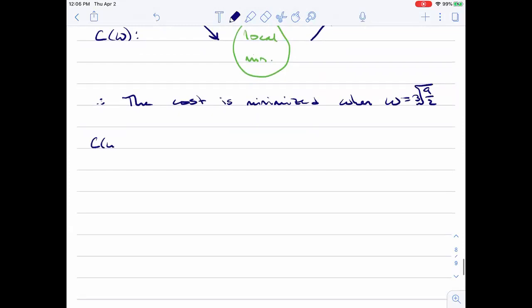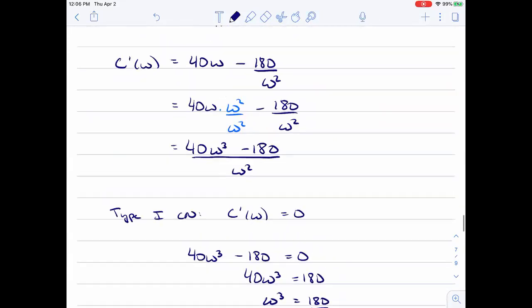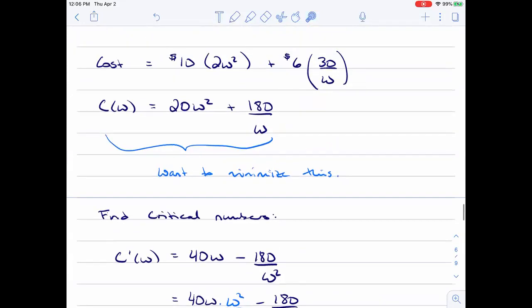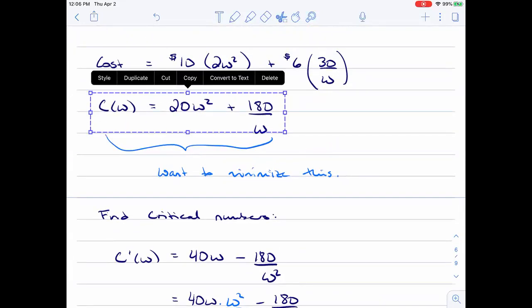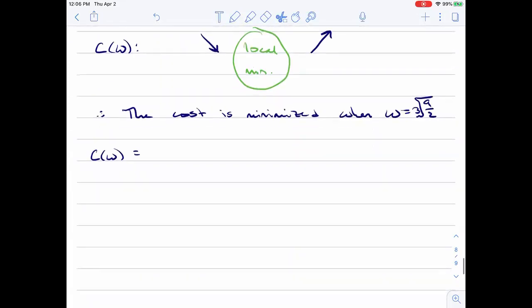which means that the cost of W, the cost function, remember, is that original. I'm just going to copy it here and paste.